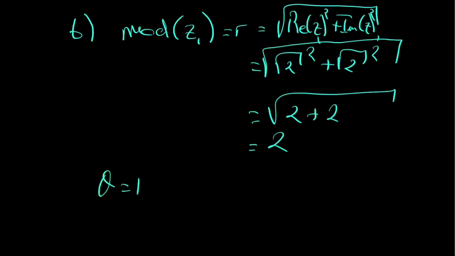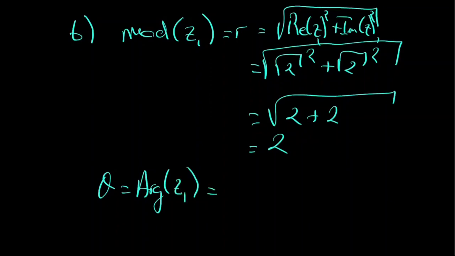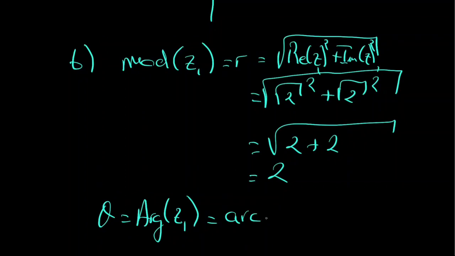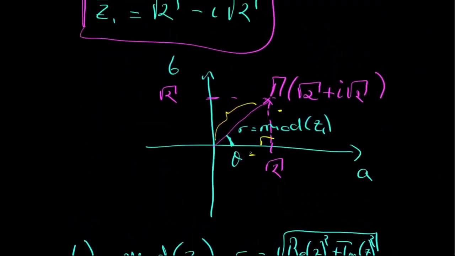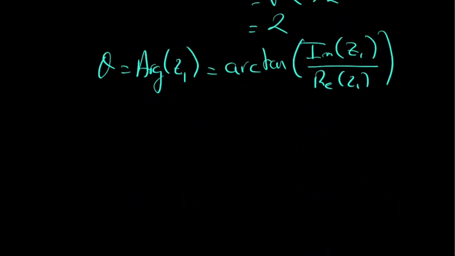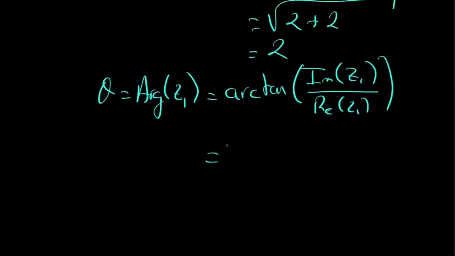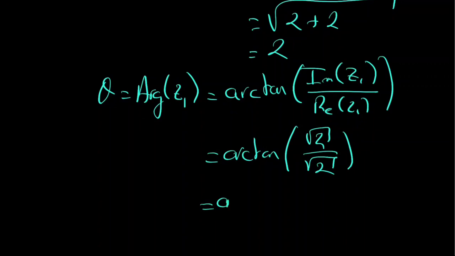Now let's find theta, the argument of z1, which is equal to the arctangent of the imaginary part of z1 over the real part of z1, as if we were talking about geometry. So it is equal to arctan of square root of 2 over square root of 2, which is arctan of 1.